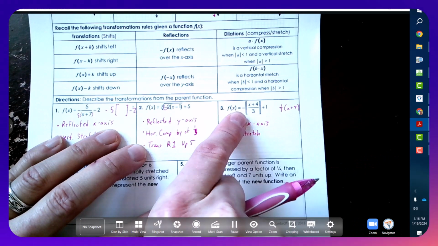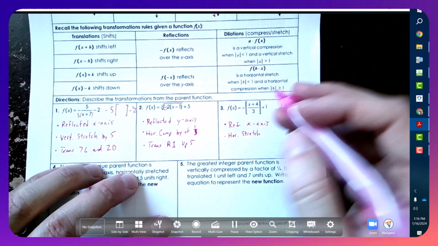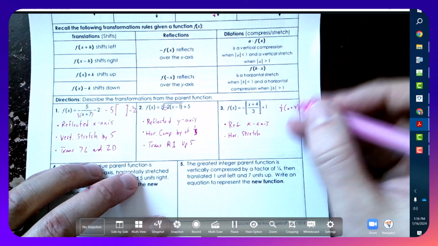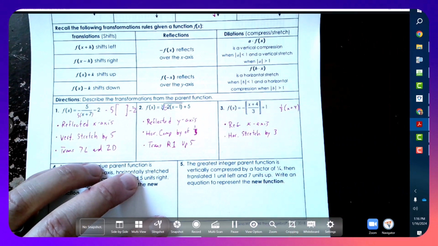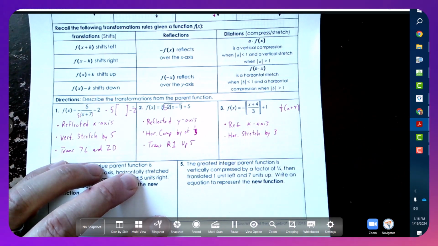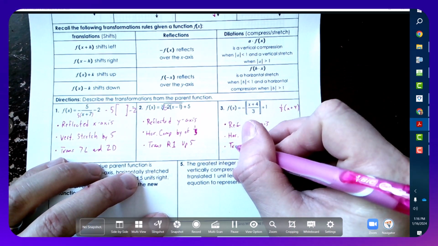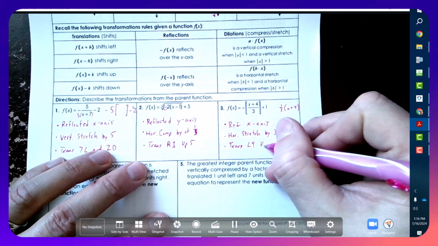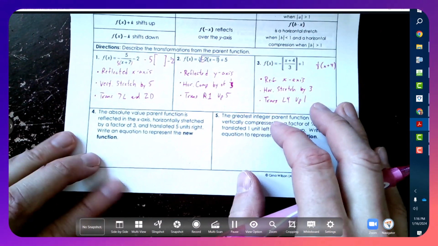If that 1/3 had been on the outside, we would have had a vertical compression. But because it's on the inside, it's a horizontal stretch. And because it's 1/3, we actually have a horizontal stretch by 3. We always take the reciprocal in a horizontal situation where it's on the inside of the parent function. Then we have our usual translation of left 4 and up 1.